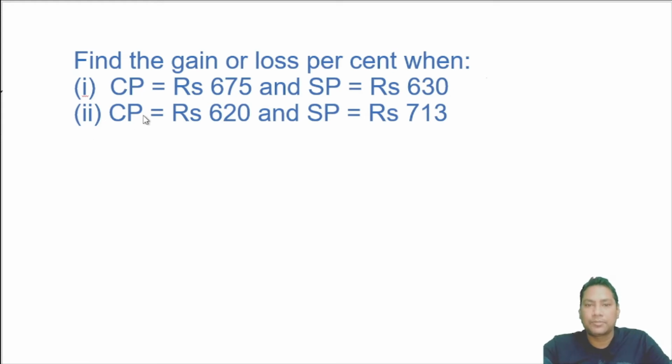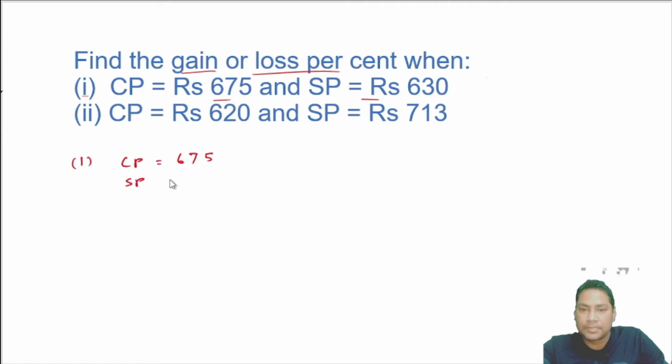Now we will solve this problem. Find the gain or loss percent when cost price and selling price are given. For the first question, the cost price here is 675 rupees and the selling price is 630 rupees. So friend, first of all, our first step will be to compare the selling price and cost price.